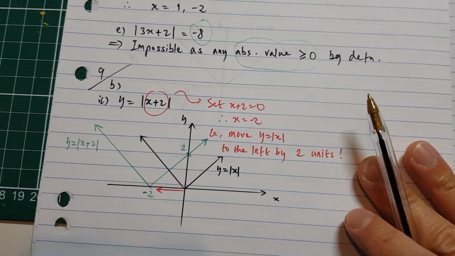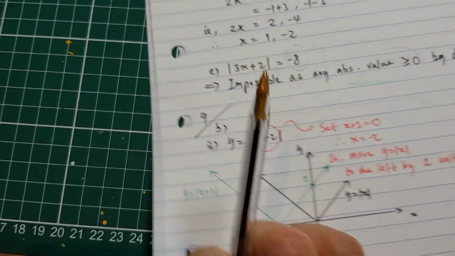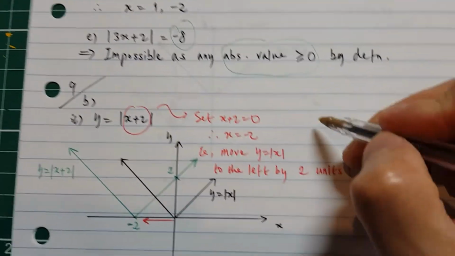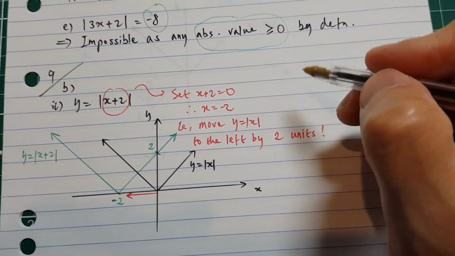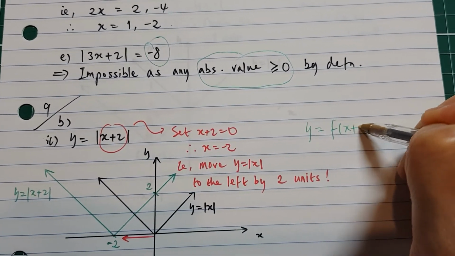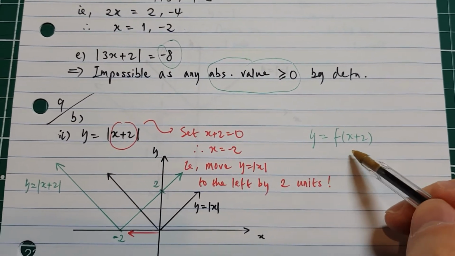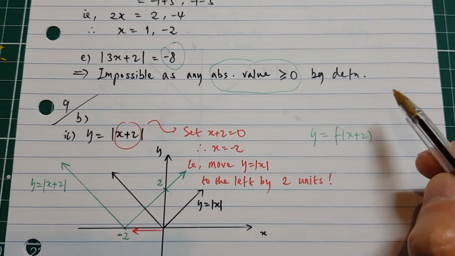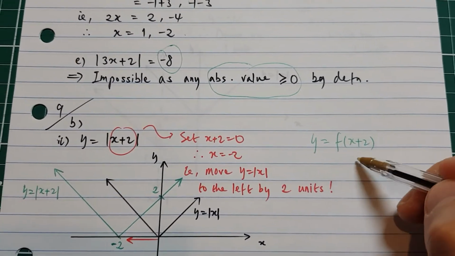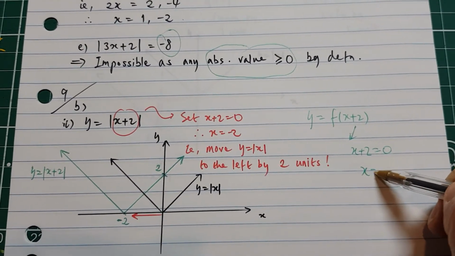Question 9. What do I have to do? Okay, yeah, you have to now sketch this. Think of this, remember when we did the transformations, y equals f of x plus 2. What that meant was you have to move the y equals f of x by -2, or 2 units to the left, because you have to look for the x value that makes this thing 0, which is x equals -2.